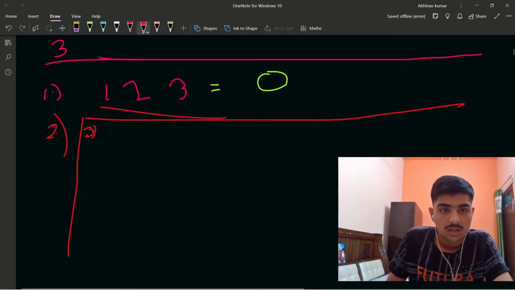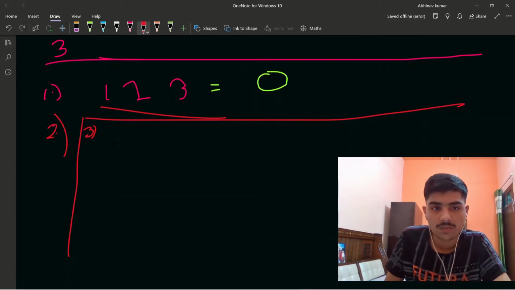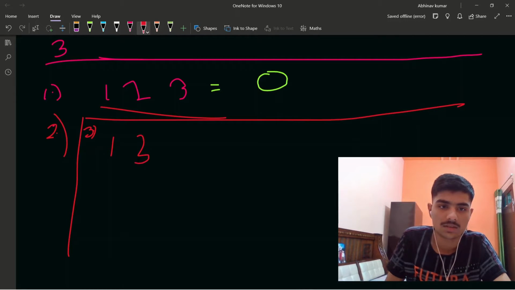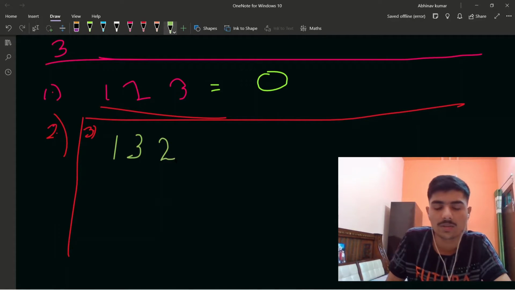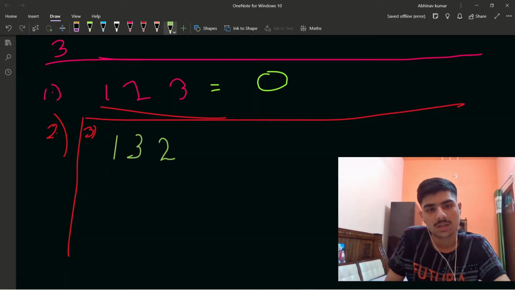The first is if the first element is on its place and the rest of the elements are not on their places. Like suppose, let me take this one, 1, 3 and 2. These 3 are the elements. The first element is on its place, and the other two elements are not on their places.